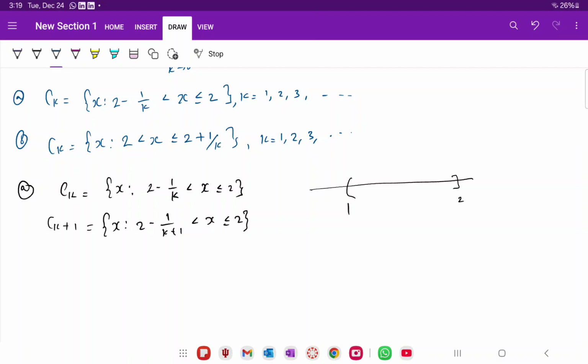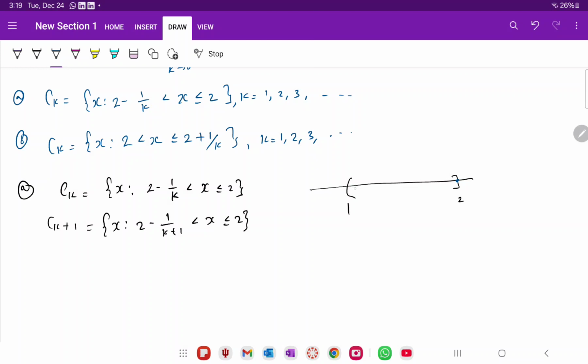The second one also will be at this point, and then this also will be 1 and a half.